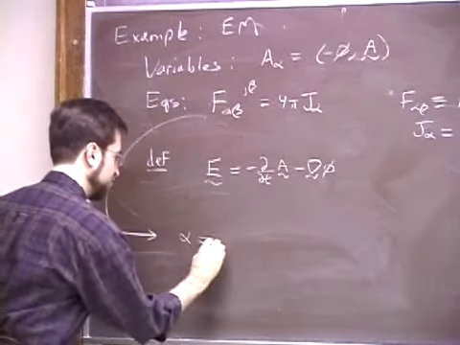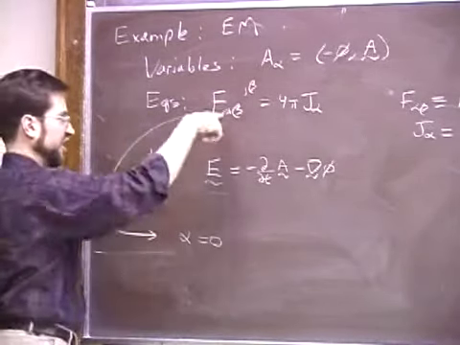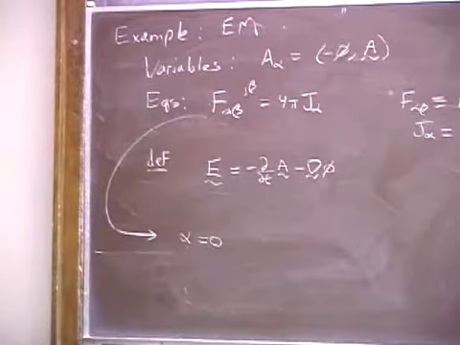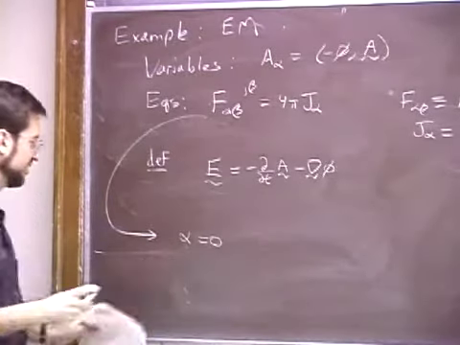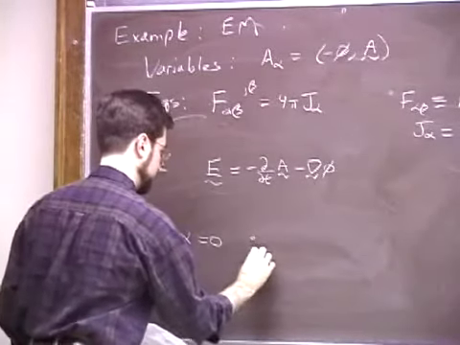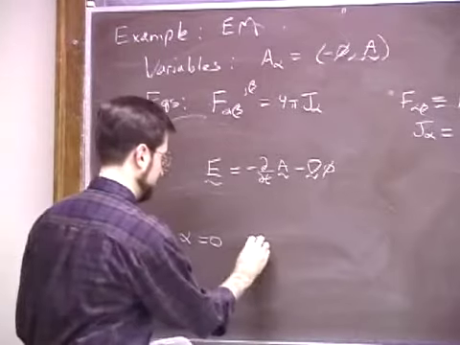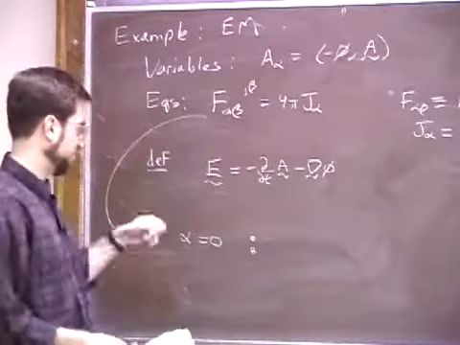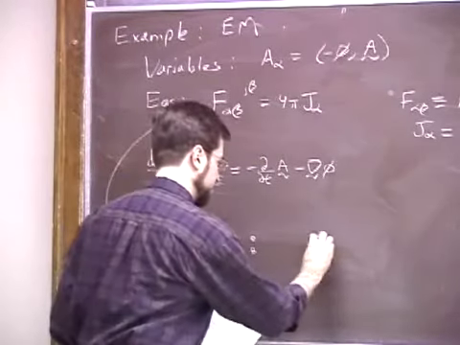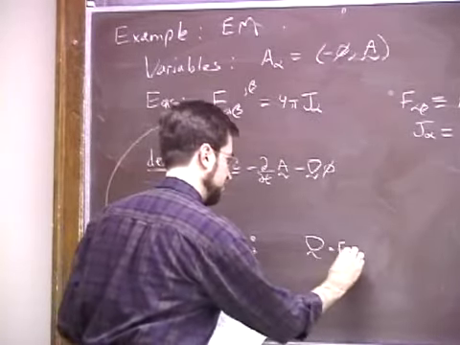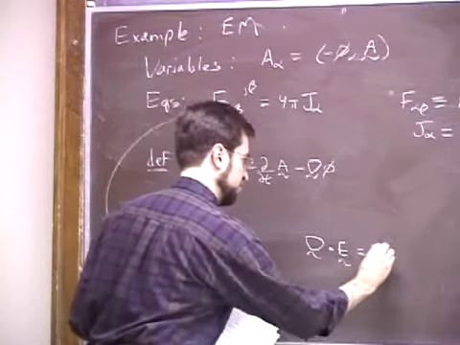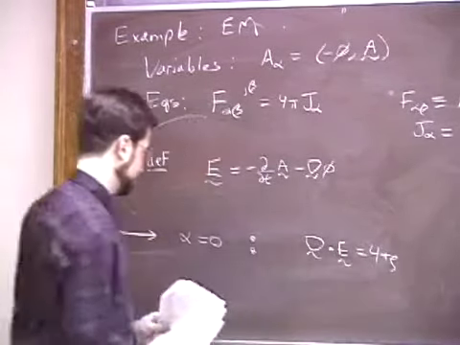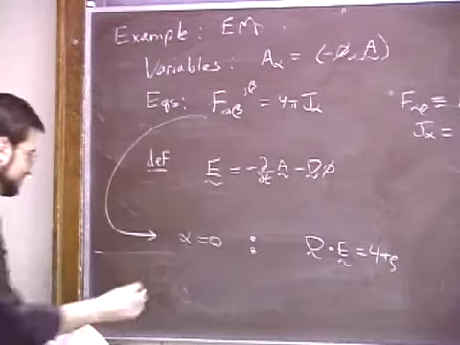So for alpha equals 0, remember this beta is contracted, so there's only 4 components here. For alpha equals 0, what I get, if I write this out, substitute in everything, and start turning the crank, is divergence of E is 4 pi rho, which you should be familiar with.